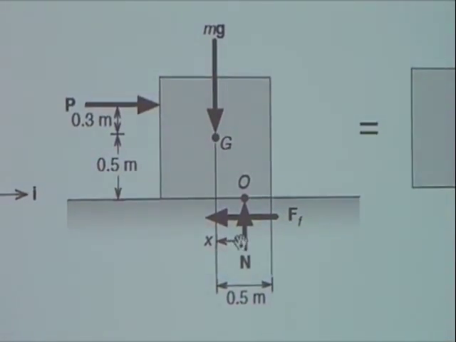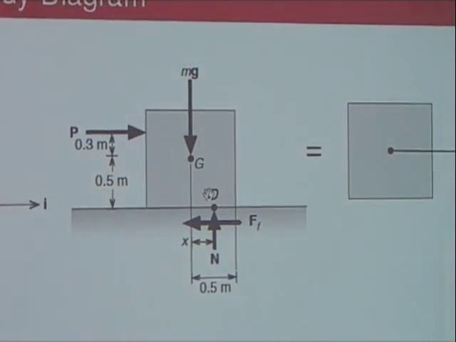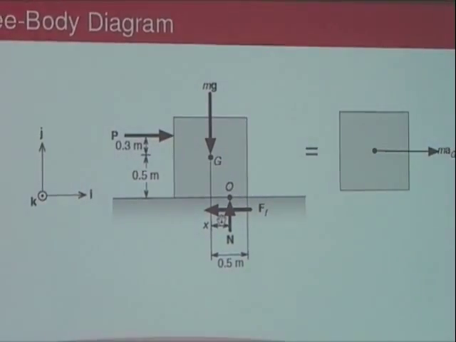But we made an assumption that the crate does not tip, okay? The crate doesn't topple over. And so to check this, if we go back to the example, I think it's this slide. So we're making the assumption that this doesn't tip, okay? Now there's this dimension here, x, okay, x. That's the distance here. Now, we can work out what x is by looking at the moment equation.